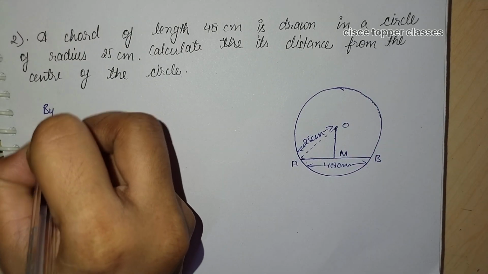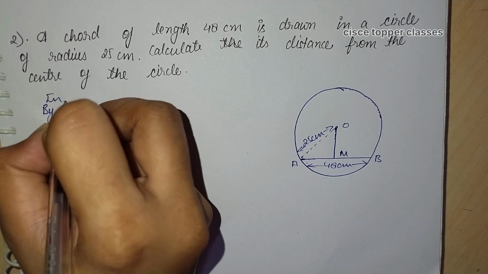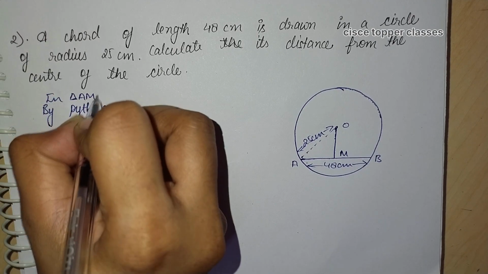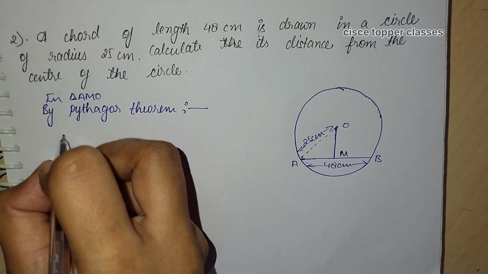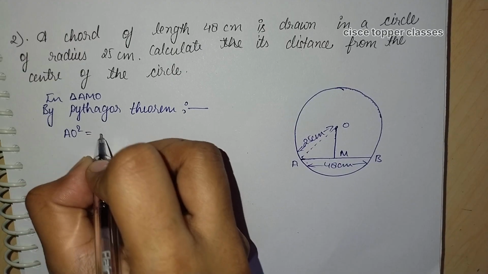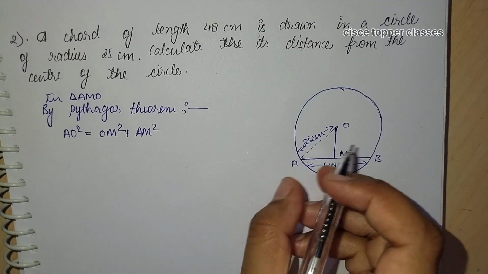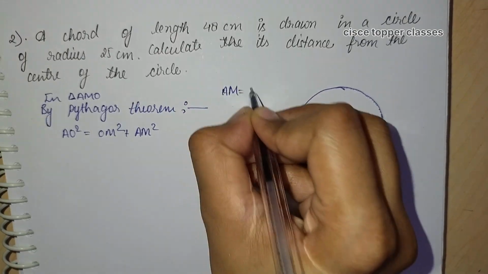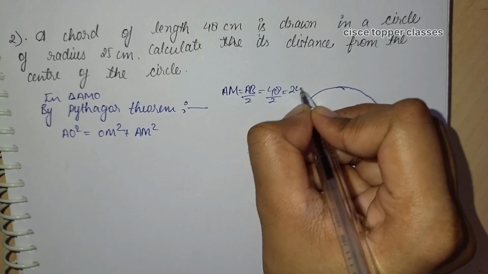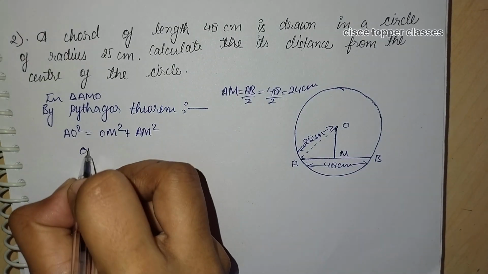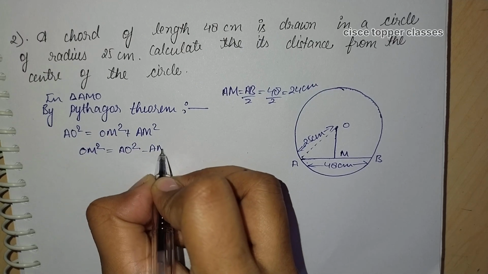So we will take, in triangle AMO, by Pythagoras theorem, AO square is equal to OM square plus AM square. Because it bisects, AM is equal to AB divided by 2, equal to 48 divided by 2, means 24 centimeter. We have to find the value of OM, so OM square is AO square minus AM square.